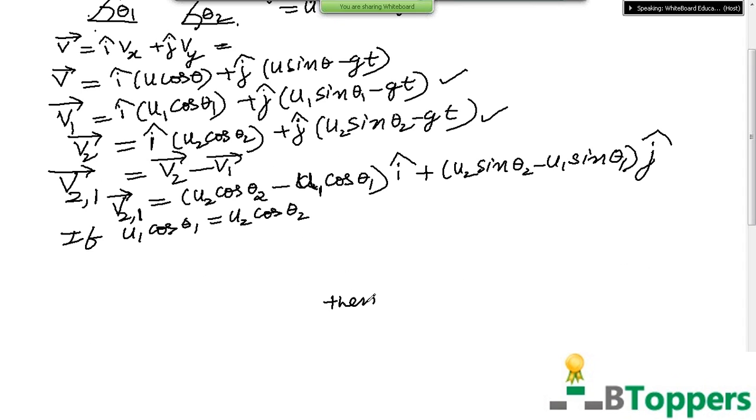Then the relative velocity of the second projectile with respect to the first projectile will be acting in the vertical direction. There is no relative motion in the horizontal direction. Then v bar 2,1 will be equal to (u2 sin theta 2 minus u1 sin theta 1) j cap. That means the relative velocity will act in the vertical direction if the horizontal components of the two projectiles are equal.